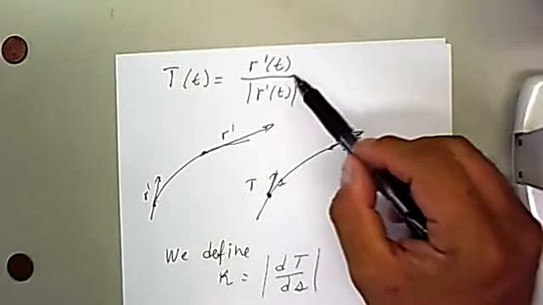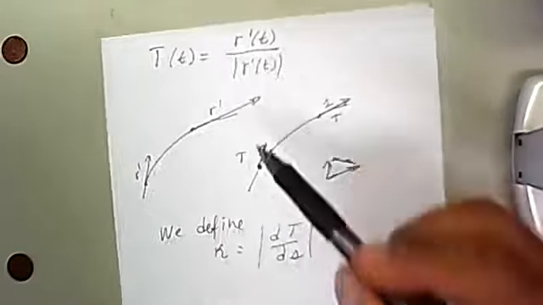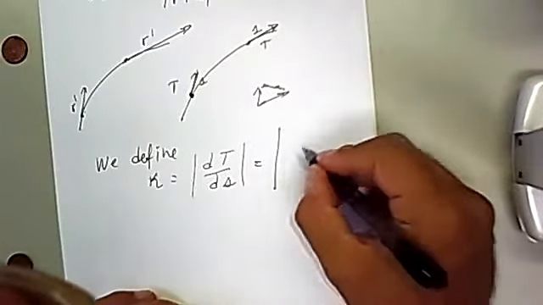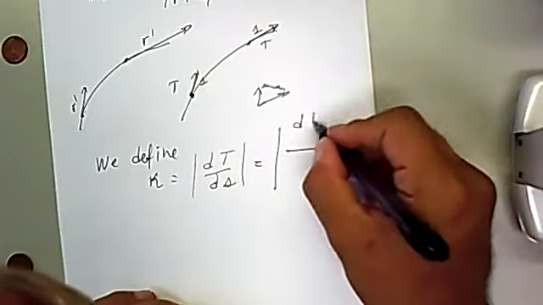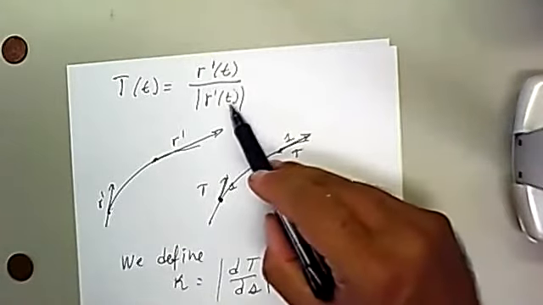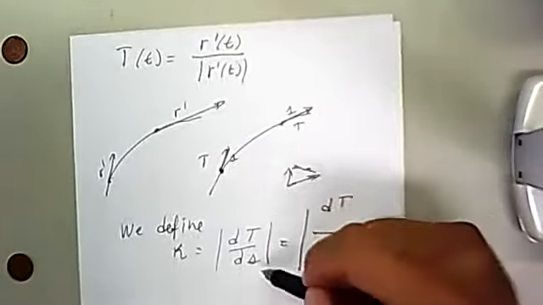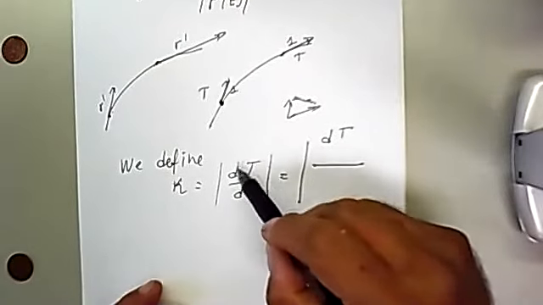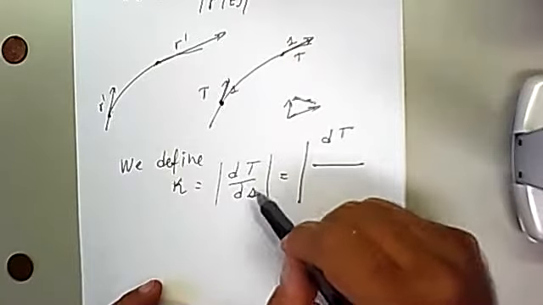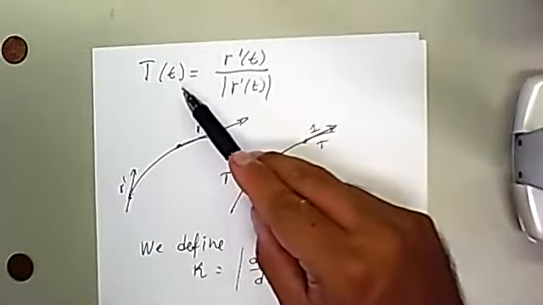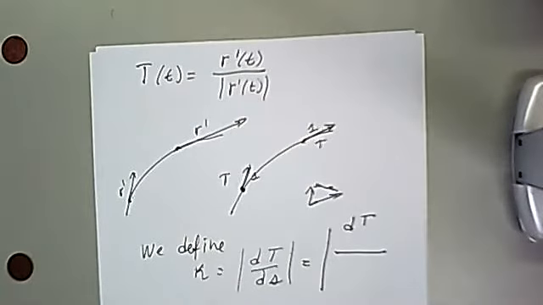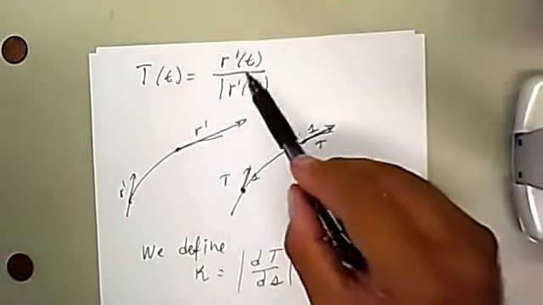Well, actually, let's do this a little differently. This turns out, by the chain rule, to be equal to the derivative of T with respect to little t, because the variable is little t. We could reparameterize T with respect to s. We have done that in previous videos, but we did parameterize r.